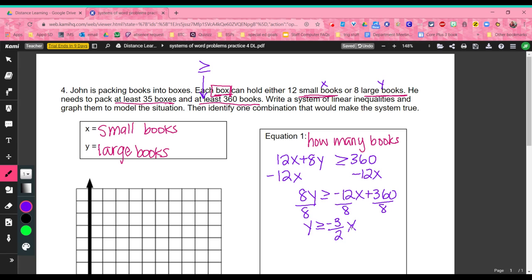Negative 12 over 8 is fine, but I think it might be a little hard to graph. And now 360 divided by 8 is 45. Again, before I move on, I want to use my inequality to help me out. This is going to be what type of line? Solid and above.